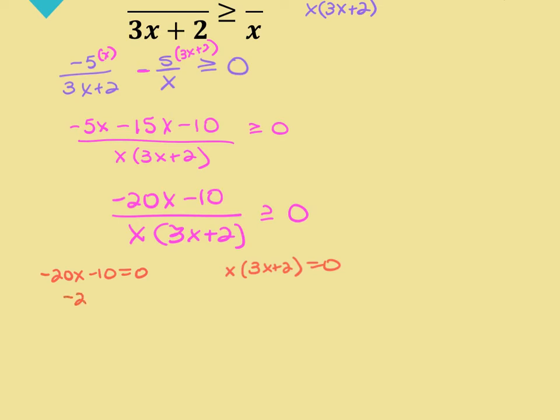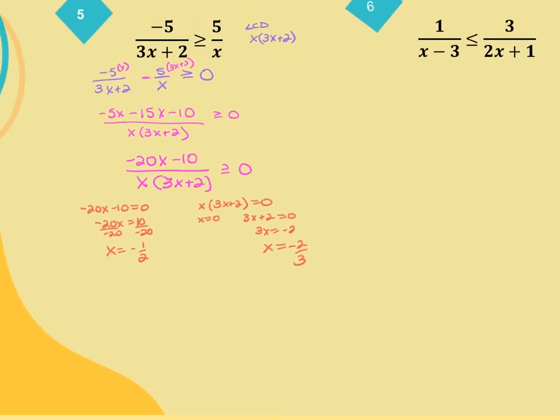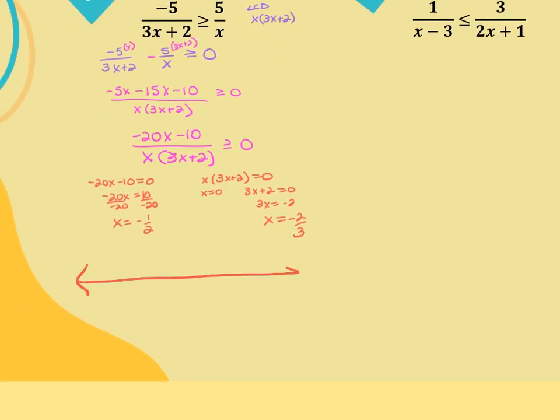So I'd get -20x equals positive 10, divide by -20, x equals -1/2, and then x equals 0, and 3x plus 2 equals 0. So 3x equals -2, and x equals -2/3. So I have -2/3, -1/2, and 0.